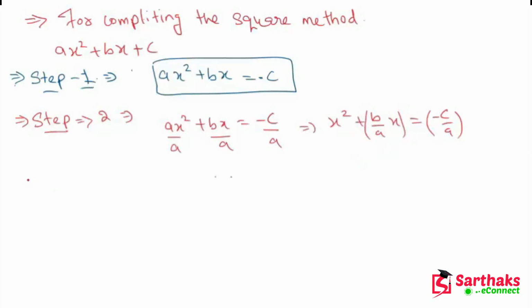Now step number 3: in this step we have to add the square of half of the coefficient of x. First of all, what is the coefficient of x? In this equation, the coefficient of x is b upon a.